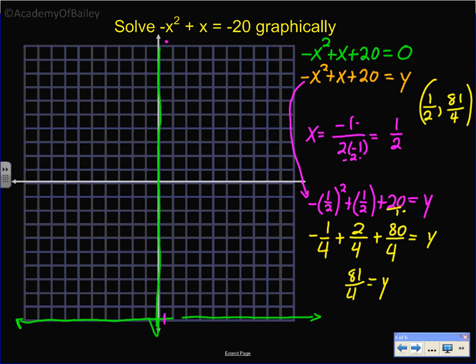So now we can go ahead and graph the quadratic, the parabola here. So let's go ahead and do that. I know A is negative, so it's going to open down.